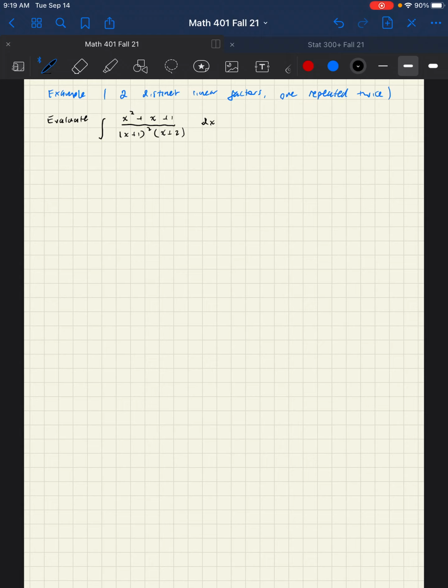Okay. So when we do this, let's first figure out what the decomposition should be, right? So we're going to seek, basically you want to add up the powers, and that'll tell you how many variables we're going to be looking for.